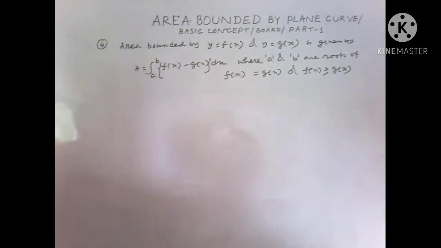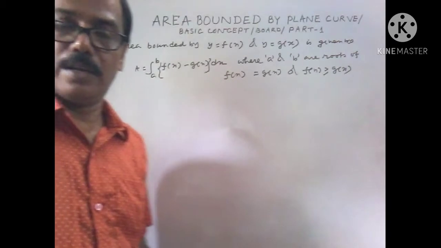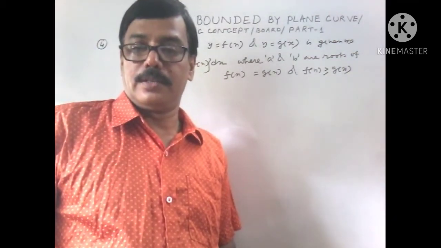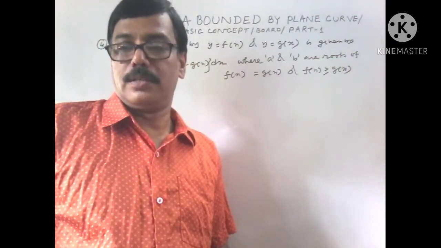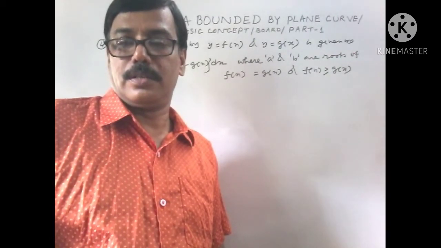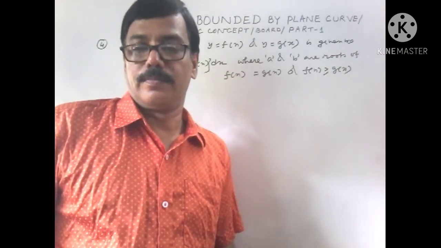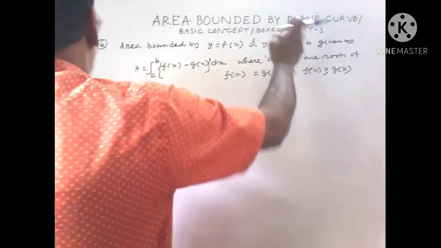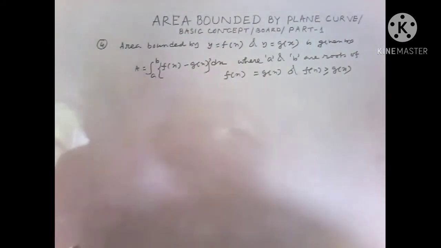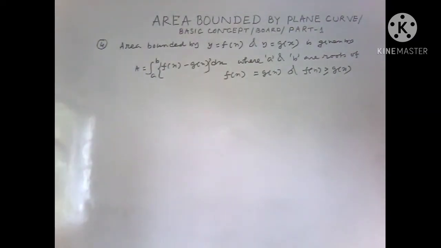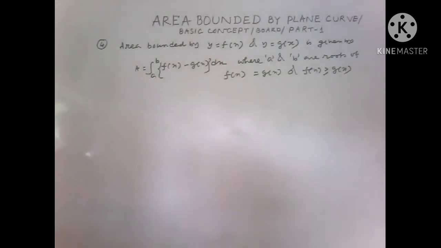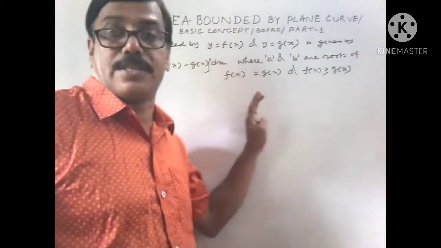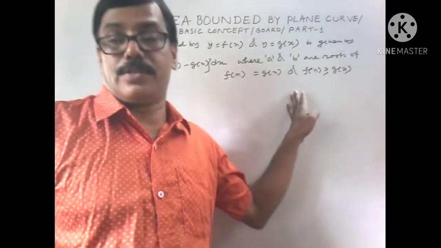Now we find the area bounded by two curves, y equals f(x) and y equals g(x). Here the two curves intersect. What is the difference?